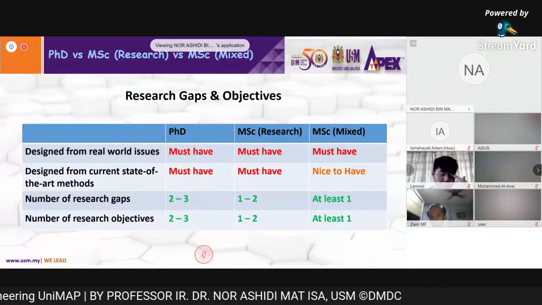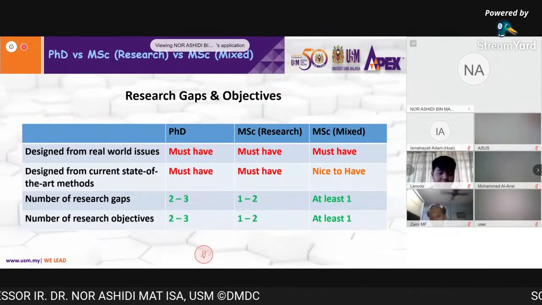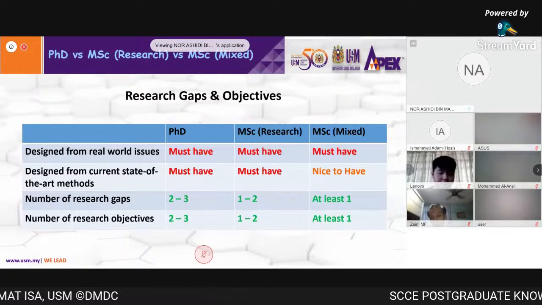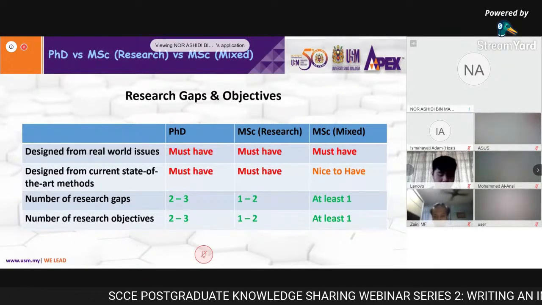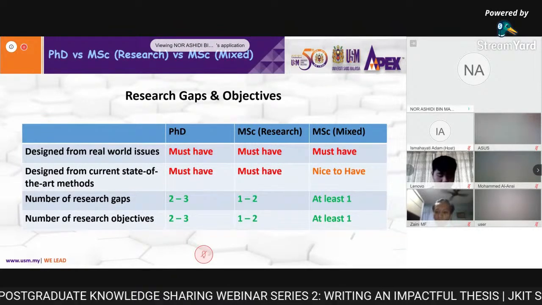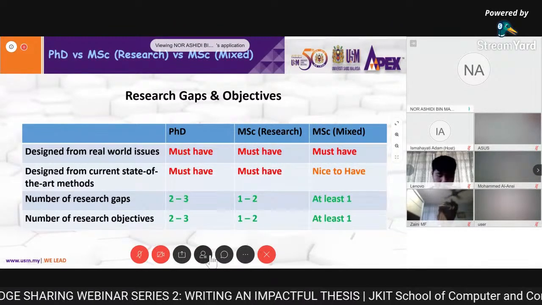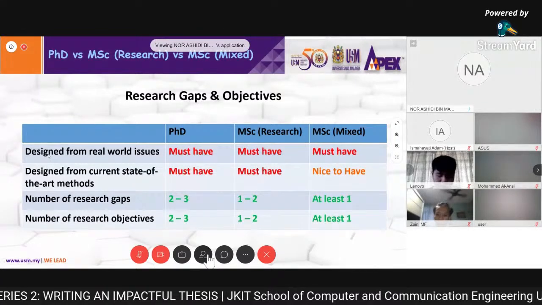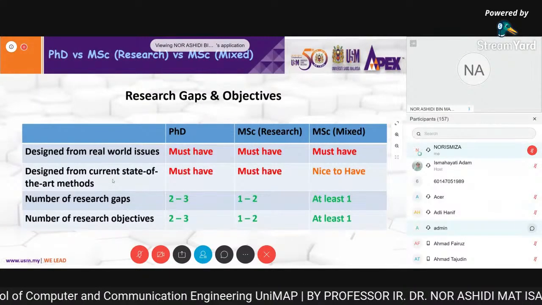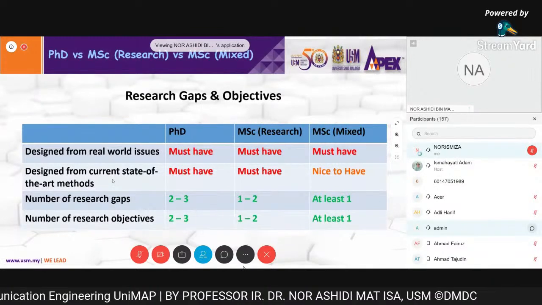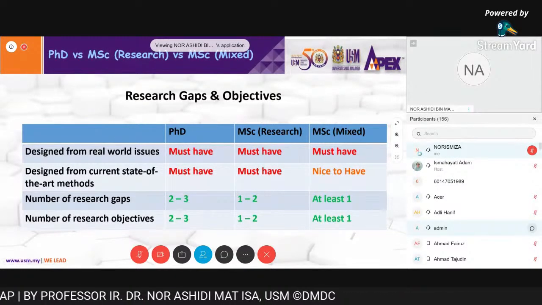To show that the contribution is neat, you must make sure that you know what the problem of the current methods is and how you want to overcome it. So you need to design from both: the first one is from the real world issue and the second one is from the current state of the art methods. Okay, I hope you understand.